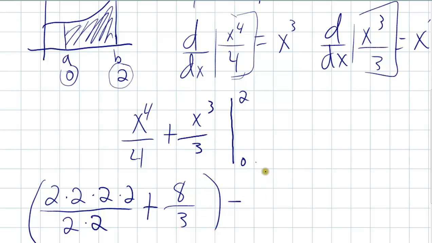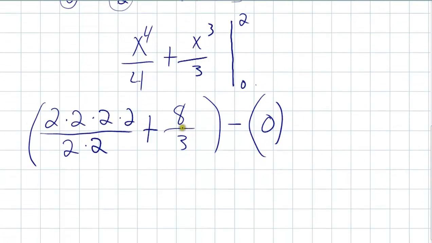And then minus, evaluated at 0, 0 to the fourth power is just 0, and divided by 4 is still 0, and the same thing happens over here, we just get 0. So now we just have to worry about this part. These 2's will cancel, and these will cancel as well. So now I'm left with 2 times 2, which is 4, plus 8/3.